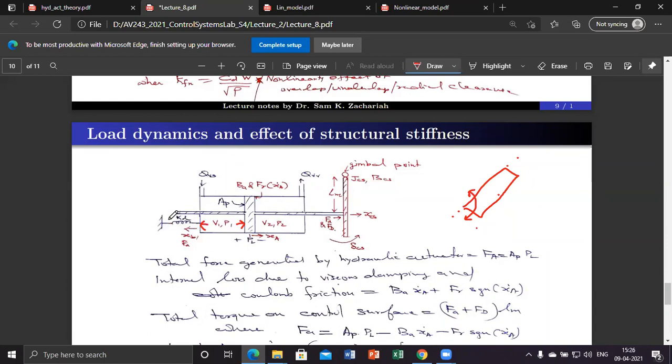Because of the finite stiffness of the backward elements, your foot will go backward slightly. And because of the forward movement of the control surface, your hand will move forward. Finally, the distance between your foot and hand should be adjusted by the elongation of your body. That is the total internal stretching. That is equivalent to the relative movement of the piston with respect to the cylinder.